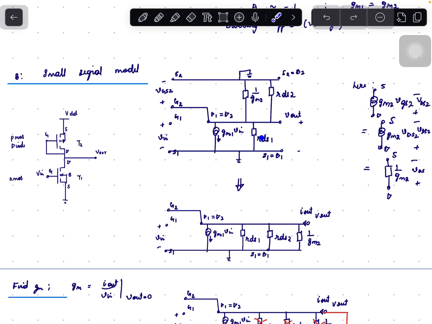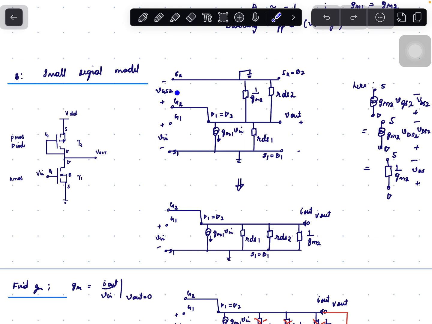We have RDS1. Drain of T1 is connected to drain of T2, that is nothing but V out, and here the gate of T2 is connected to drain, hence it is shorted.